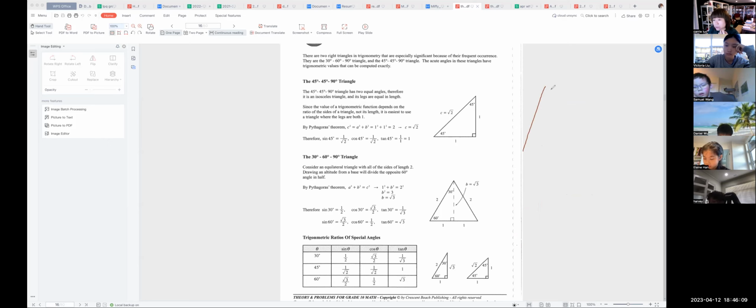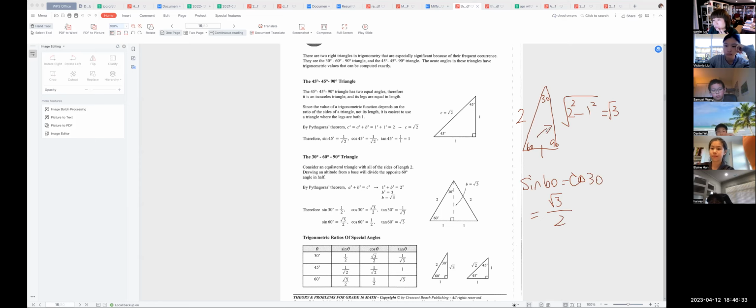So let's take a look at this one. If we have a 90, 60, and 30 degrees triangle, and we know this side is 2, and this one is 1, and this one is the square root of 2 squared minus 1 squared, which equals square root 3, right? So sine 60, which equals cosine 30, equals what? Square root 3 over 2, opposite divided by the hypotenuse.